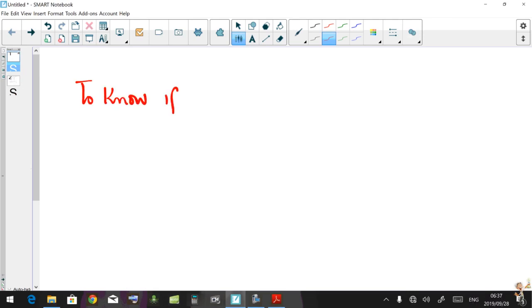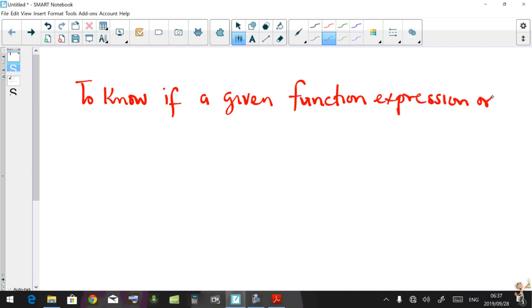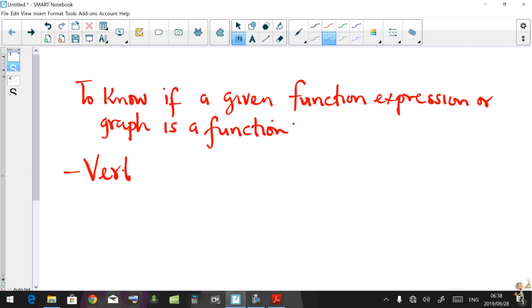To know if a given function expression, either a given function expression or a graph, is a function. The simple one is what you call the vertical line test.